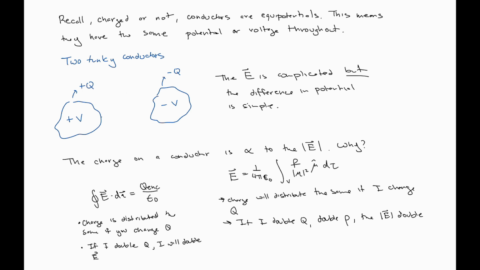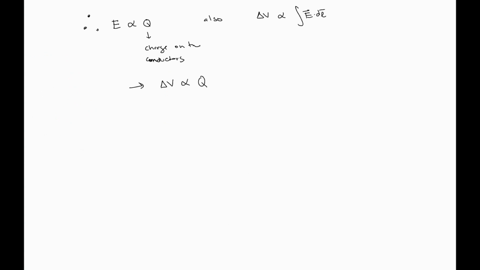So if I were to measure the change in potential here, it would be proportional to the amount of charge that I place, this one positive and this one negative, on each conductor. Okay, so that's how it works out.